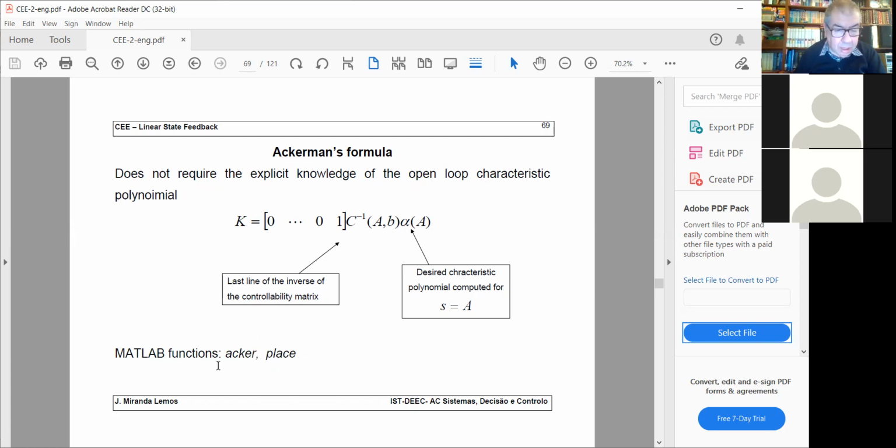Acker works well for small problems, for problems of small dimension. So now we know how to design gains to do pole placement.